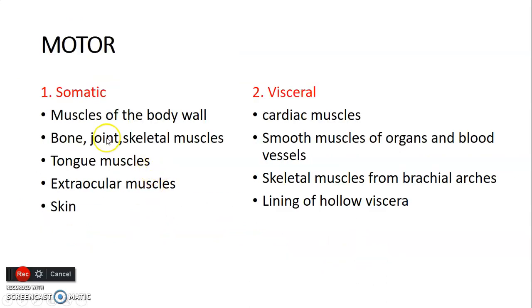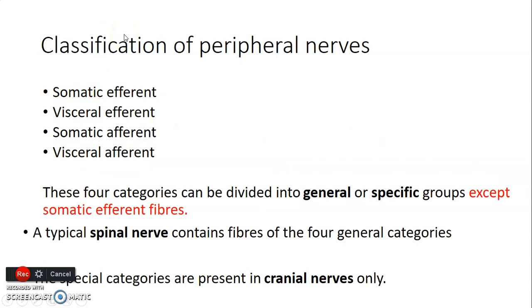So you need to understand that from the motor aspect, the muscles of the body wall, the bones, the joints, the skeletal muscles, the tongue muscles, extraocular muscles, and the skin, those are somatic components. And the cardiac muscles, smooth muscles in the organs and blood vessels, skeletal muscles of pharyngeal arches, and the lining of hollow viscera, all those form the visceral portion of the motor aspect.